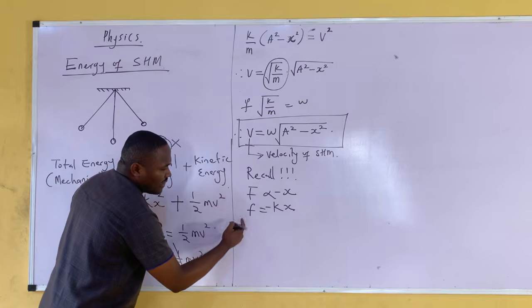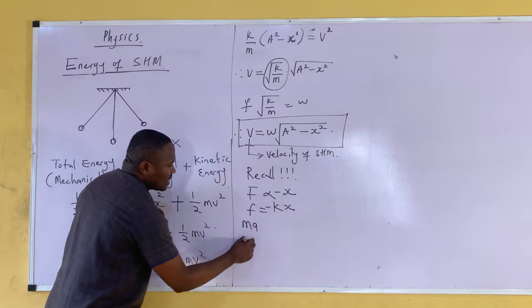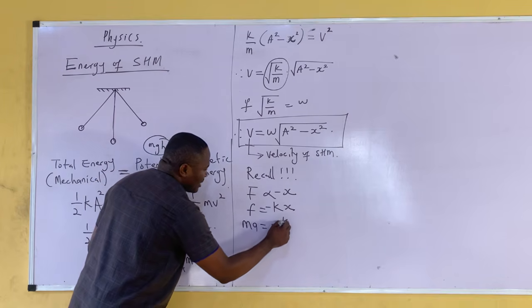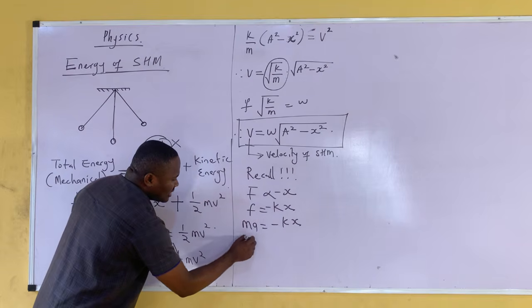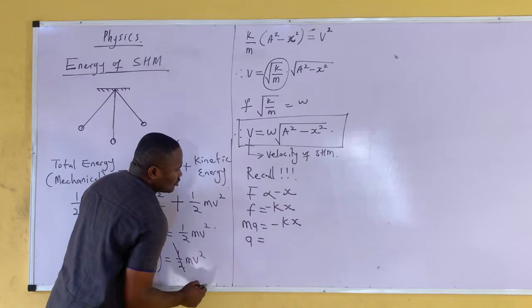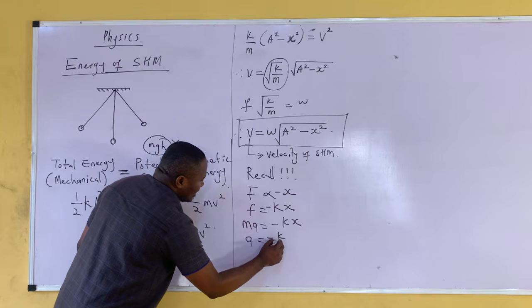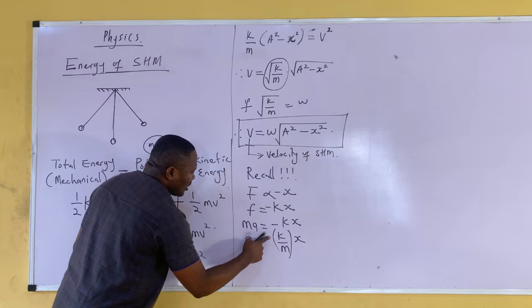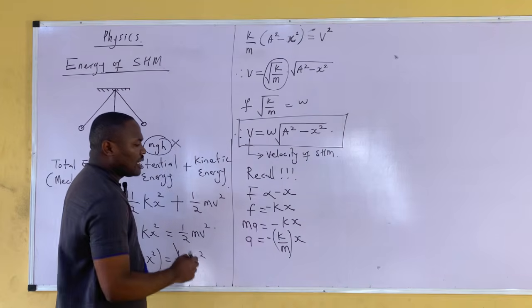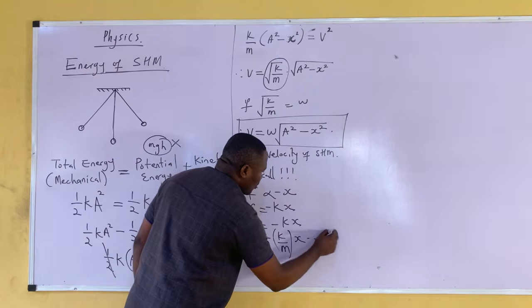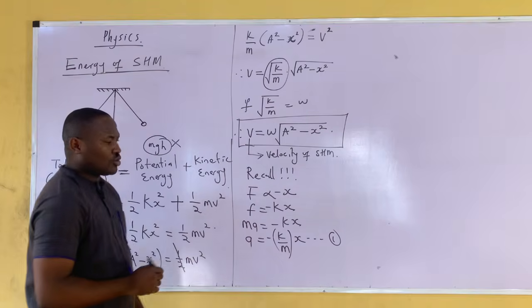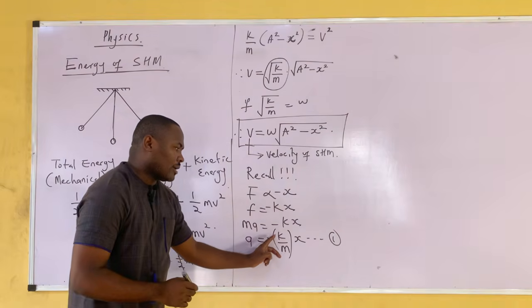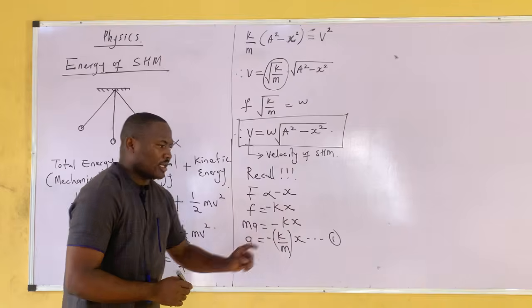Then we said F is equal to mass times acceleration, equals minus kx. Then a is equal to minus k over m x. Now remember how we got here? Let this be equation 1: a equals minus k over m x, equation 1.